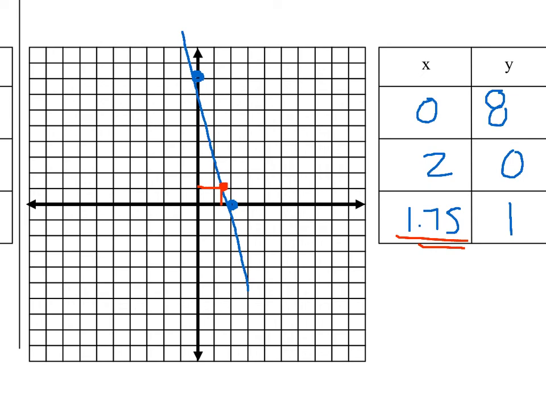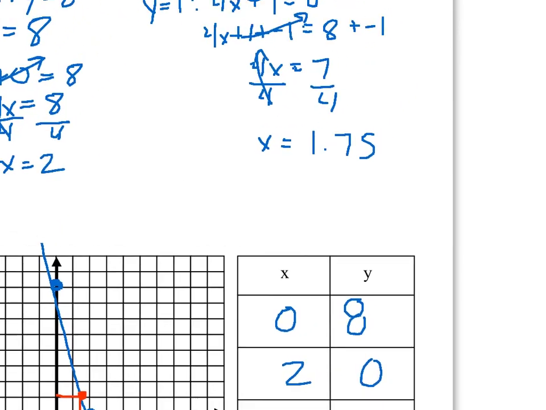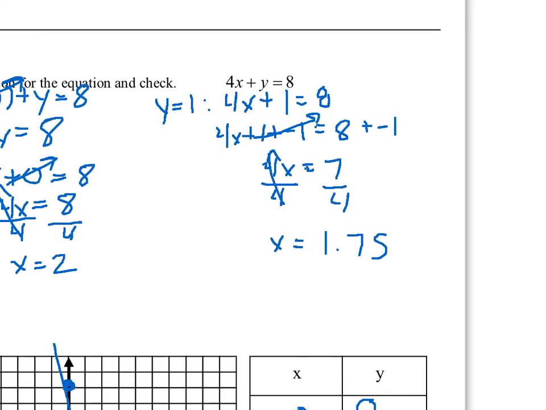But y is fine. There are other things you can do to try and make it come out evenly. If you look at the numbers and you can think ahead of time, well, if I want this division to come out evenly, I would need something that was going to make this a factor of 4. So this is already a factor of 4, so I would need y to be a factor of 4.